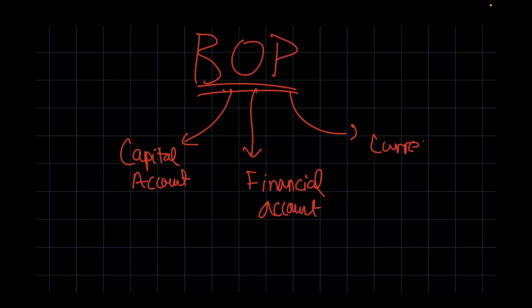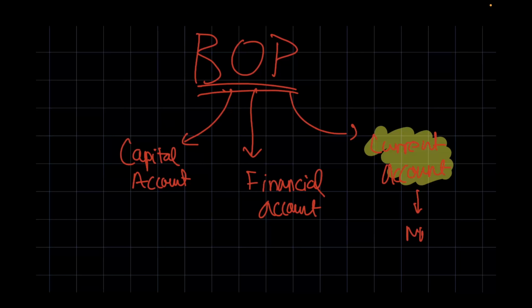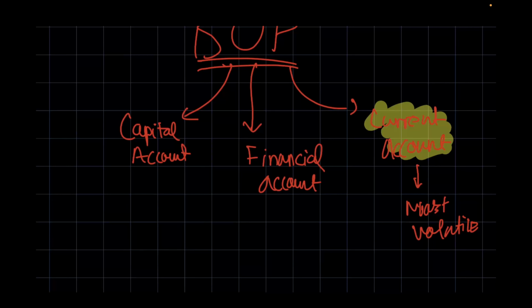As for the GCSE spec, we would be only looking at the current account. The current account is actually the most volatile. It is the one that changes, that fluctuates the most. So now let's get straight into it.